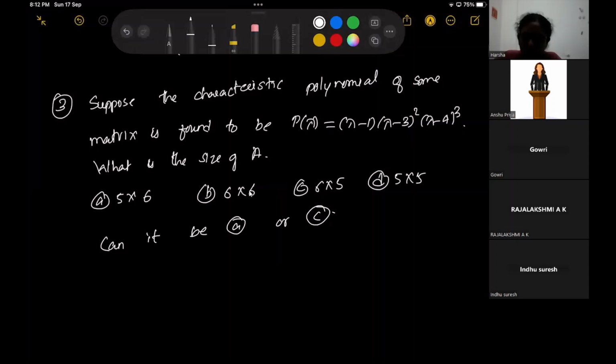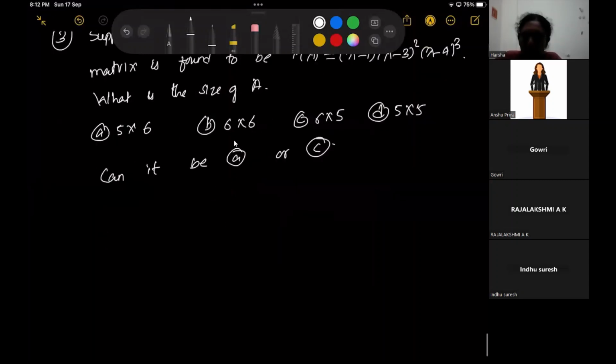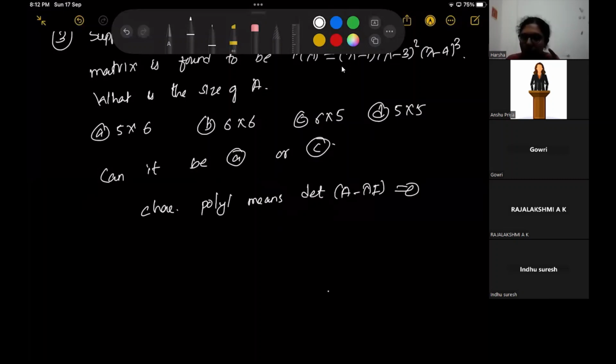Now, someone is saying option B is the correct answer. Option B means 6 by 6. It is correct because if A is an n by n matrix, the characteristic polynomial is of degree n. What we are doing is determinant of A minus lambda. If it has 6 rows and 6 columns, along the diagonal we have lambda minus something, lambda minus 3, something like that.